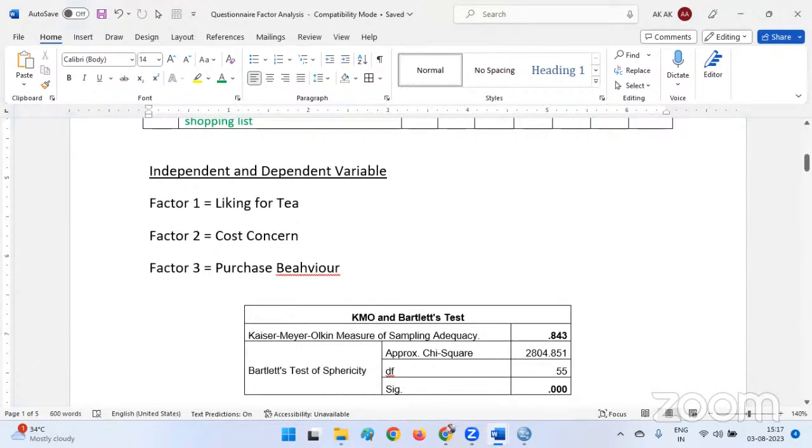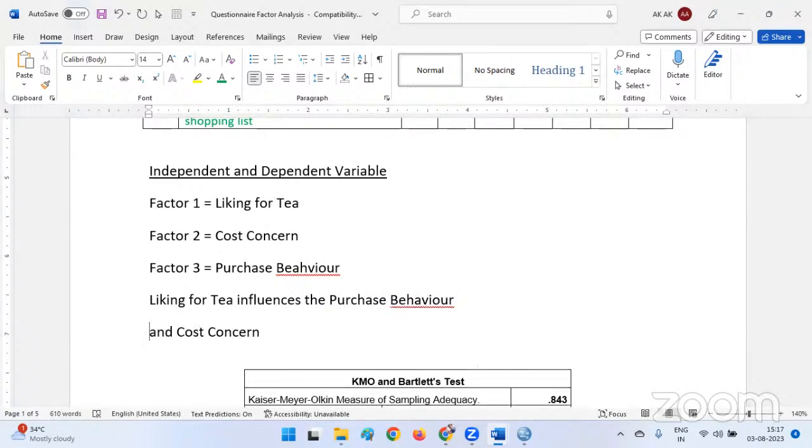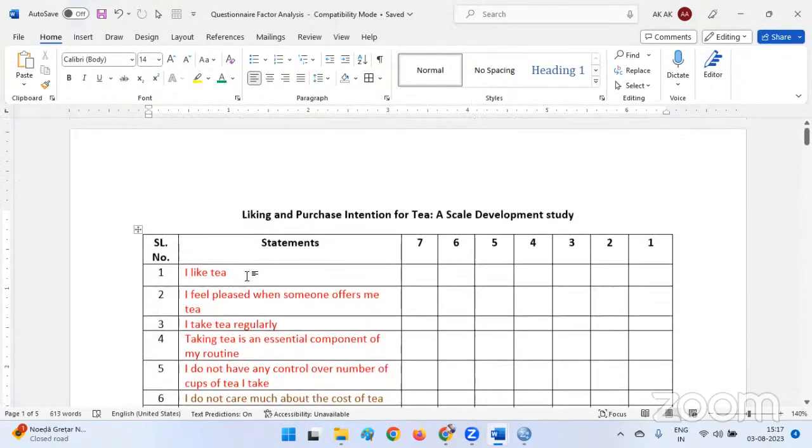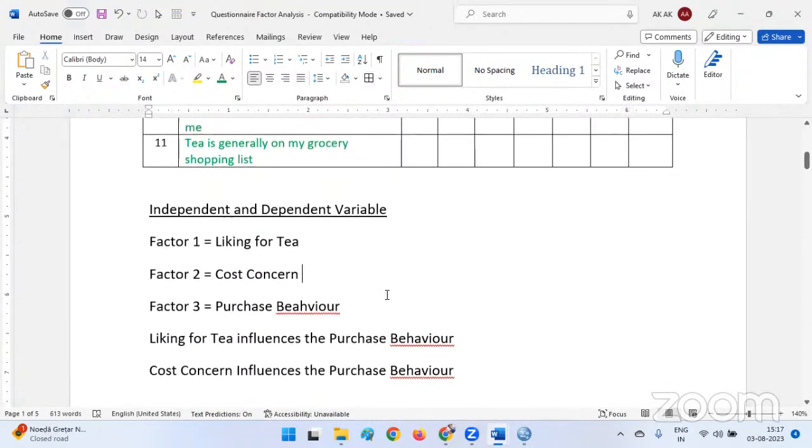So I can say that liking for T influences the purchase behavior. Cost concern influences the purchase behavior. Now, this individual statement doesn't matter for me. The group of statements matter for me.